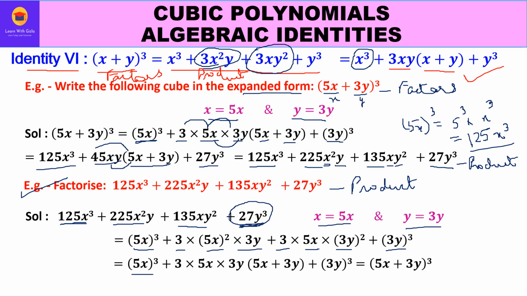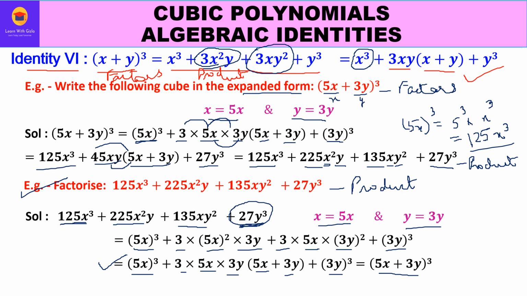So 5x whole cube plus 3 into x into y, which is 5x and 3y, plus 3y whole cube, which is actually y cube. So when the identity is in this form, its factors are 5x plus 3y whole cube.